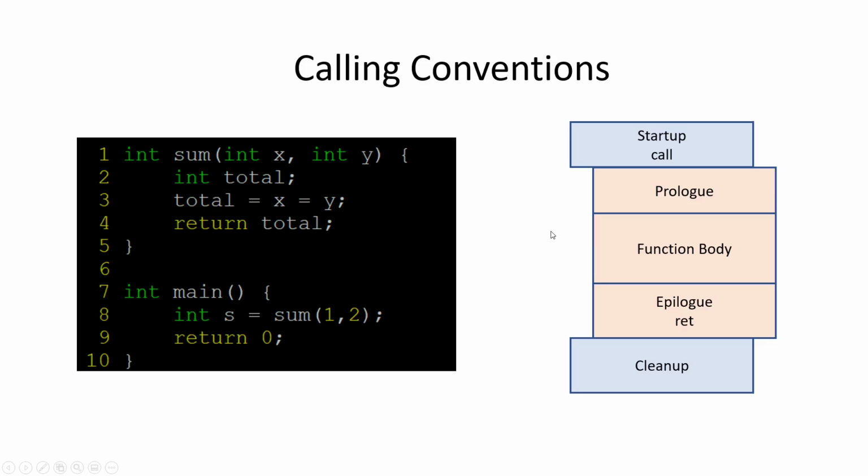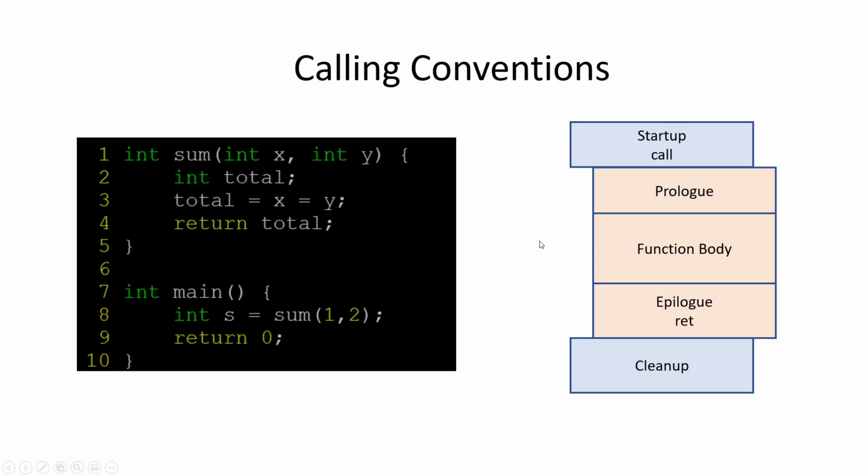So the things we saw here: we've got the function call in the startup, which takes care of pushing the return address on the stack. Then in the epilogue, I've got to do two things. I've got to make sure that the stack pointer gets pointed to the return address. And then when I call return, it's going to jump back and return control flow to the caller.